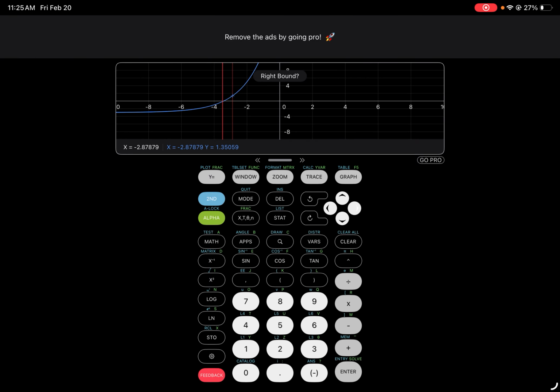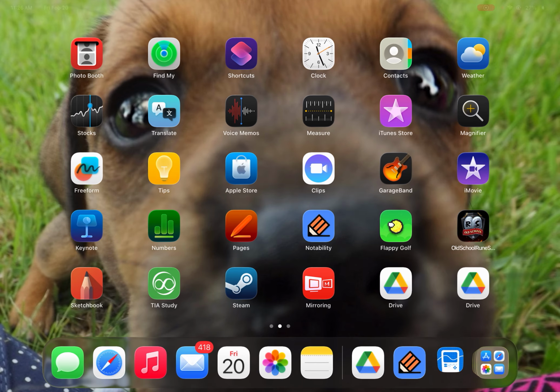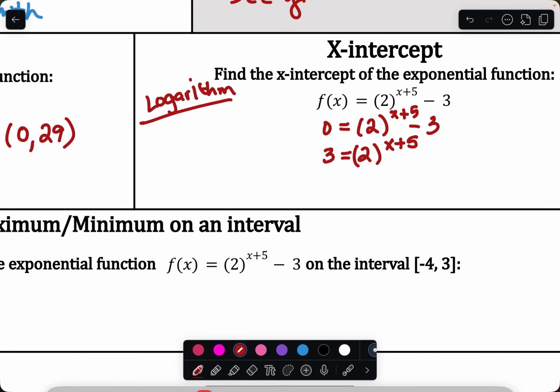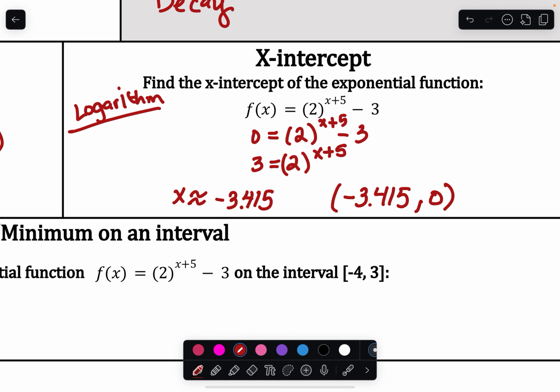And then you're going to pick a point that's to the right by scrolling right. You're going to press enter. And then you calculate. So we have an x-intercept at approximately negative 3.415. I round to 3 decimal places. So we write that as a point.